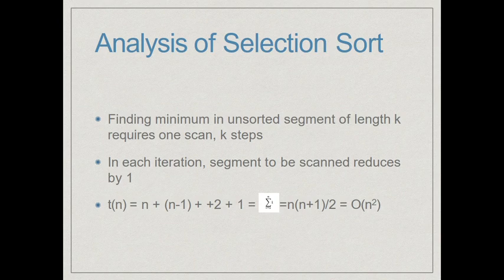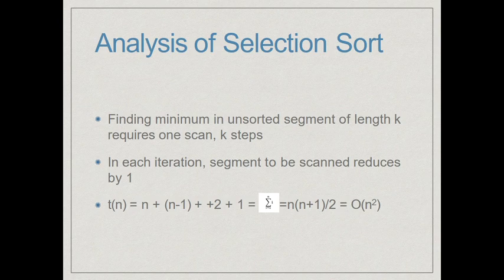So how much time does the algorithm take? Clearly, in order to find the minimum element in an unsorted segment of length n, we have to scan the entire segment, and in each iteration the segment to be scanned reduces by 1. So we start by scanning all n elements, then we scan n minus 1 elements, then we scan n minus 2 elements, and so on.